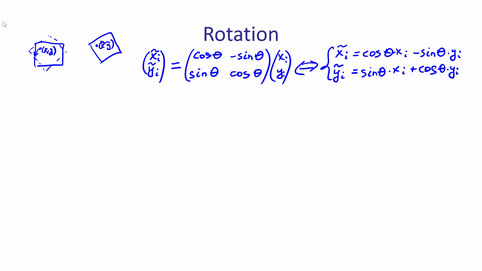Now, how do we prove that? Before we prove it, we will call that same rotation matrix R. So we will have basically translation, rotation, and scale. And now let's prove why this matrix is rotating one pixel into another location by angle theta.